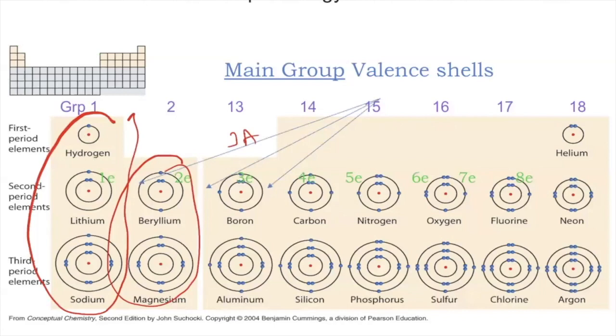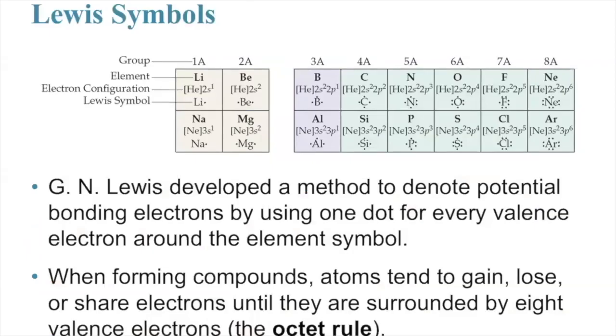The group 8 has 8 valence electrons, with the exception of helium, who only has 2 valence electrons. Then we have a scientist, like I mentioned, an American scientist who developed this idea that we were going to represent valence electrons using dots, and we are going to track those electrons during bonding.